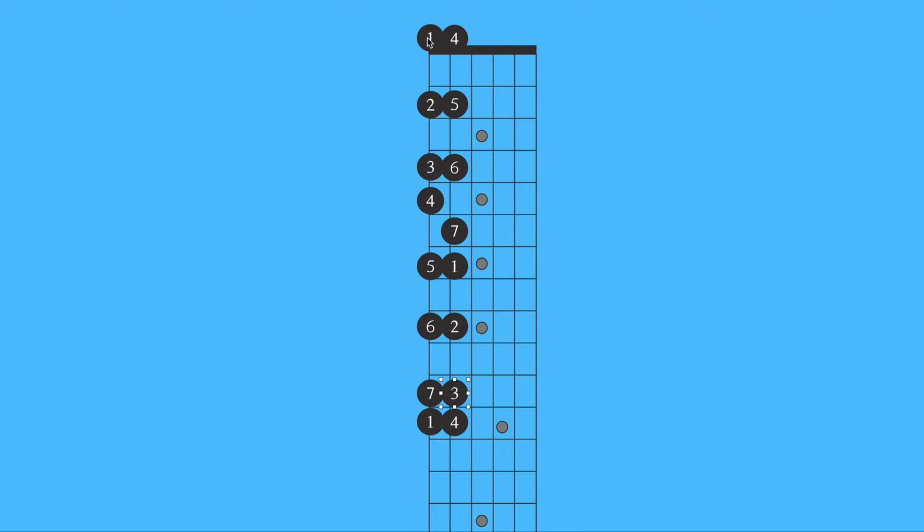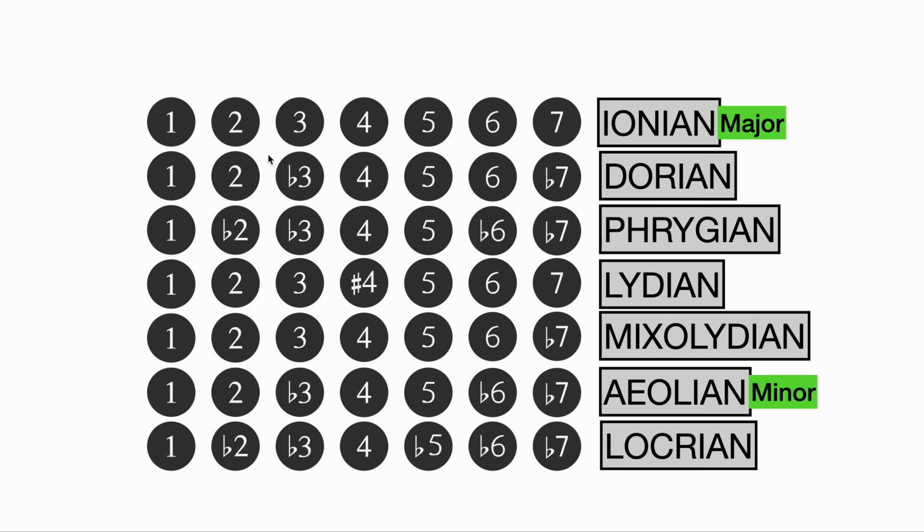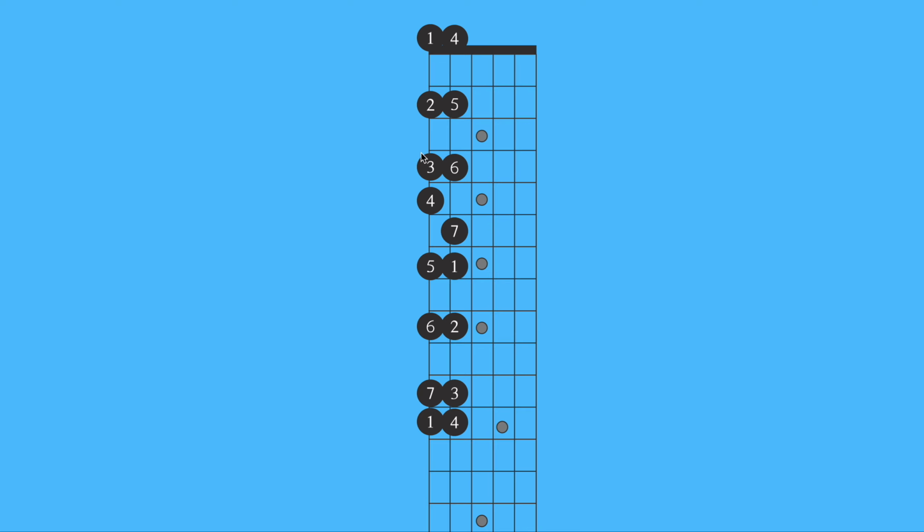So we see that the 4th is present on the 1, the 2, the 3, the 4 is that sharp 4 or augmented 4th, the 5, 6, 7, 1. Let's take a look back at the modes here. 1 to 4 to 4 to 4, except the Lydian or 4th mode, and that's exactly what you have right here.